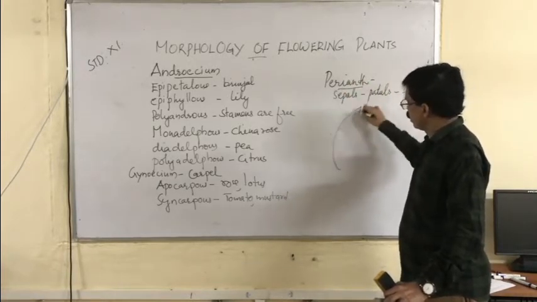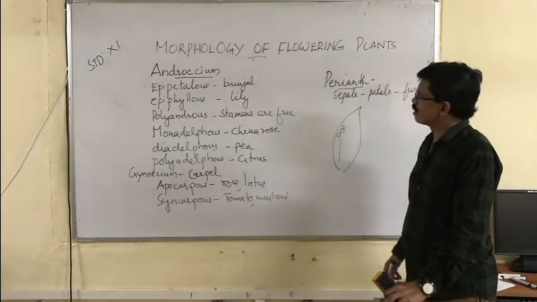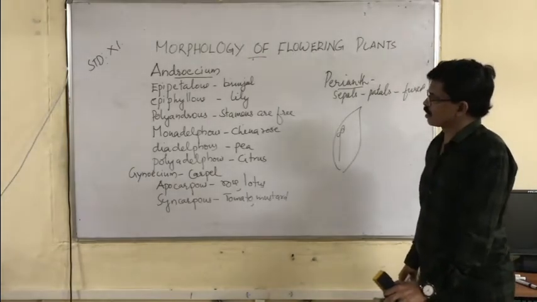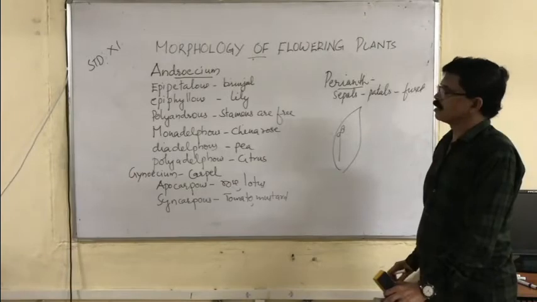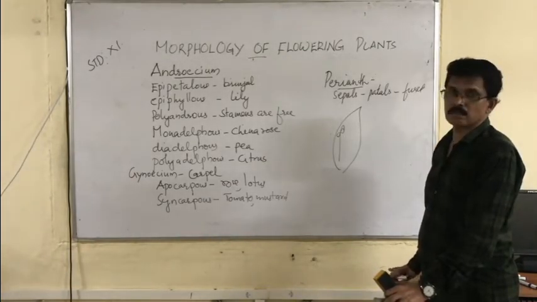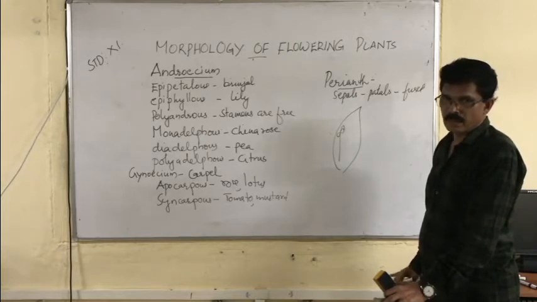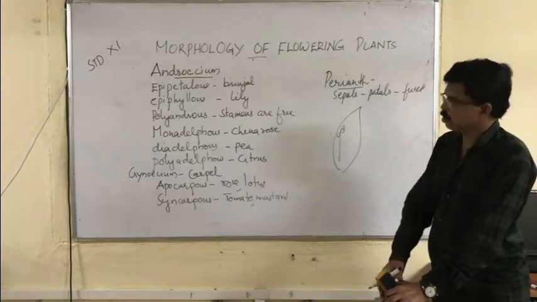So when stamens are attached to the perianth, that is called epiphyllous. So what is epiphyllous? When the stamens are firmly attached to the perianth, which in turn is the fused sepal and petal as in monocots.